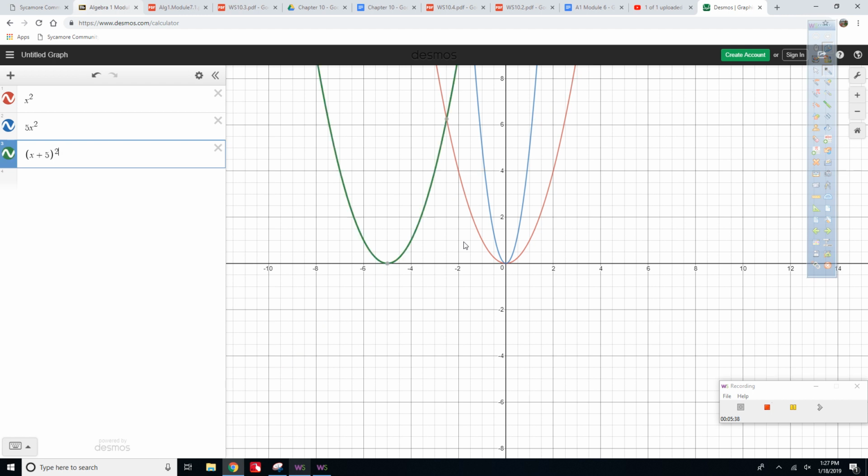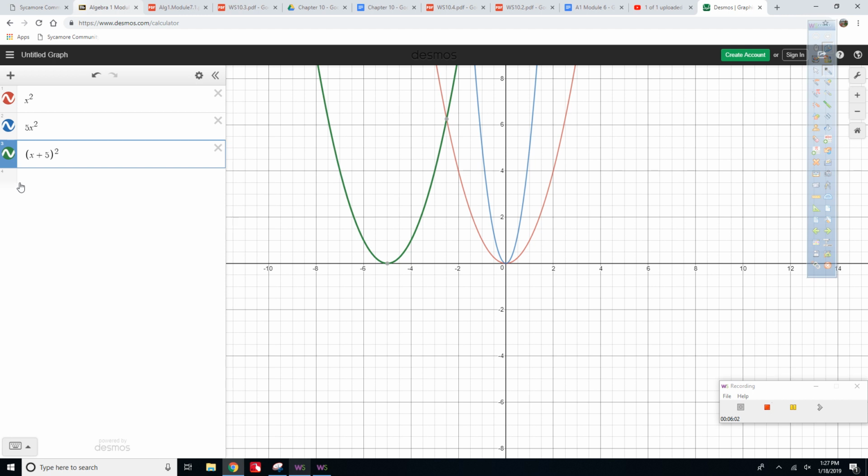Still going to be a parabola. Oh, notice this. The plus 5 moved it left 5. Interesting. Why is that? Well, what happens if you put a negative 5 in for x? You get 0. Well, that's why that happened. The vertex shifted left to get it to be 0.